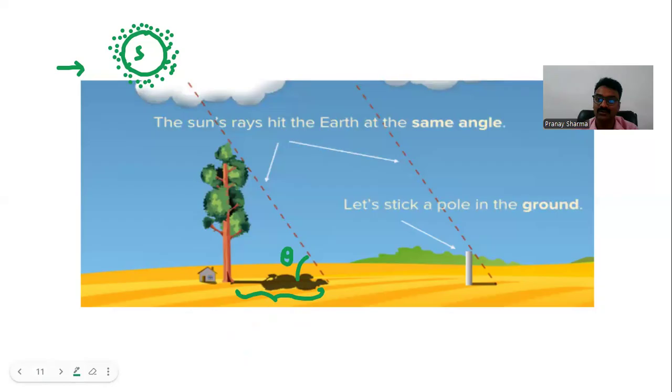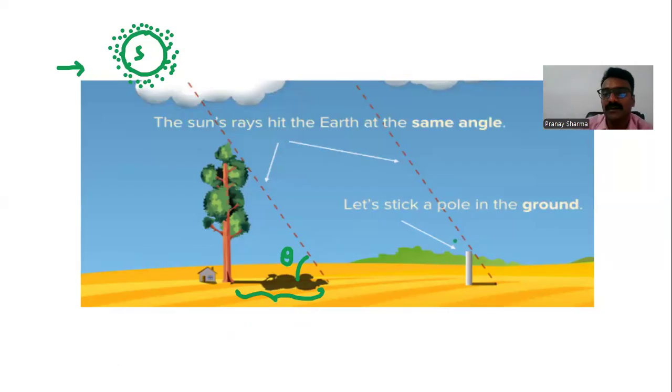But so far, I have not introduced you to sides ratios and their alignment with respect to different angles, right? This is something that I have not given so far. So we'll be using the concept of similarity.